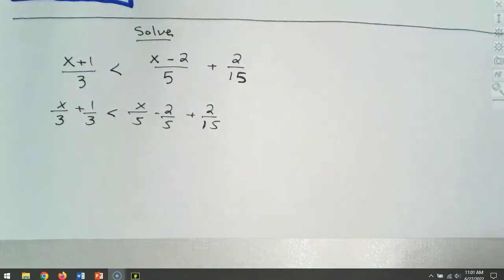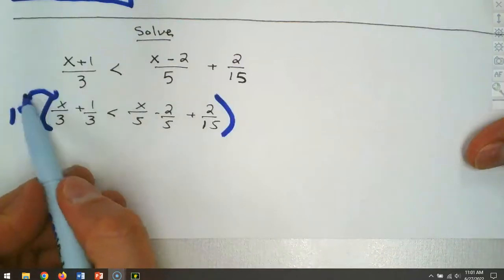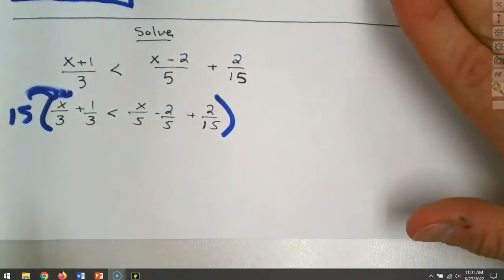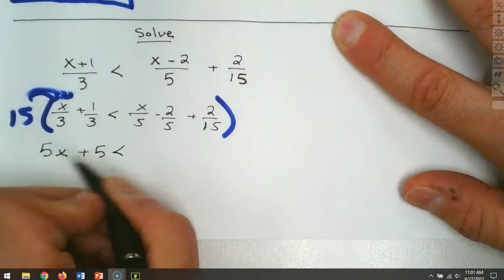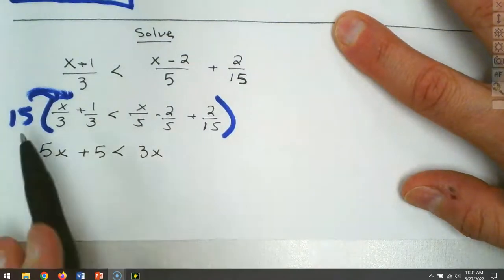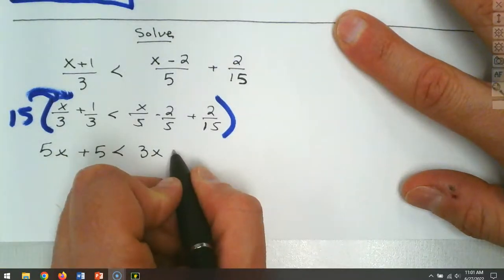Once we're at this step, we need to clear our fractions, so we multiply it all by 15, because 15 will take care of all of our fractions. 15 divided by 3 is 5, so that's a 5x. 15 divided by 3 is 5, times 1, that makes it a 5. The inequality stays the same. 15 divided by 5 is 3, so 3x. 15 divided by 5 is 3, times a negative 2, makes it a negative 6.